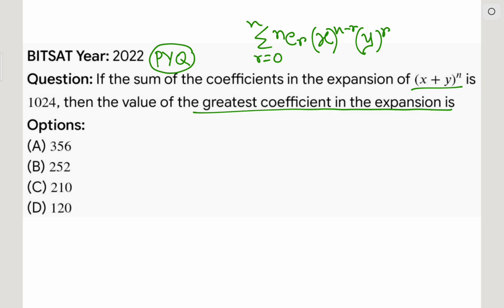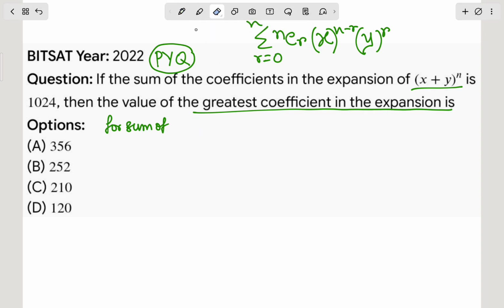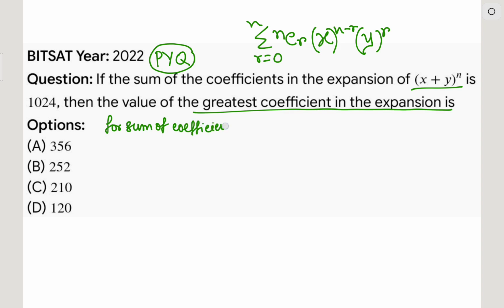When we talk about the sum of coefficients, then to find the sum of coefficients, put x equal to y equal to 1.